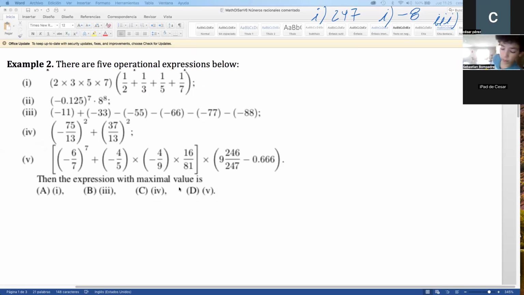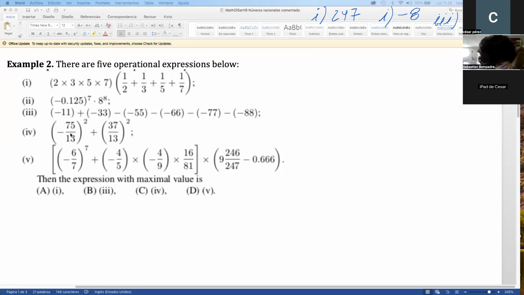So maybe we don't need to make all the... We already know that this is greater than any one of the other two. 247. I think that this is still winning.